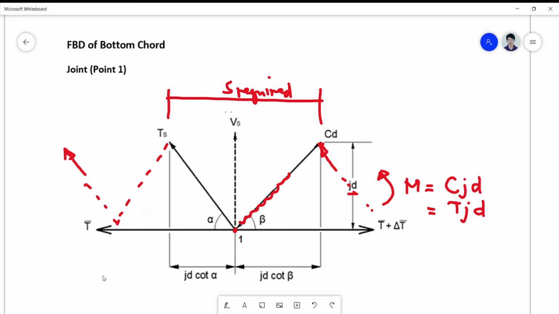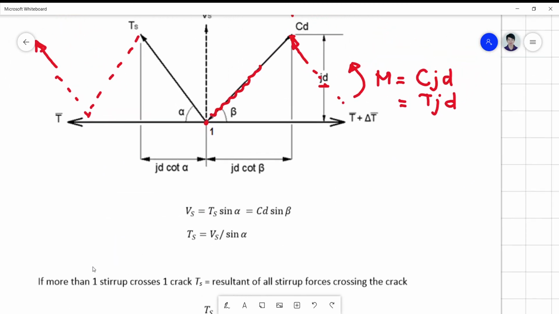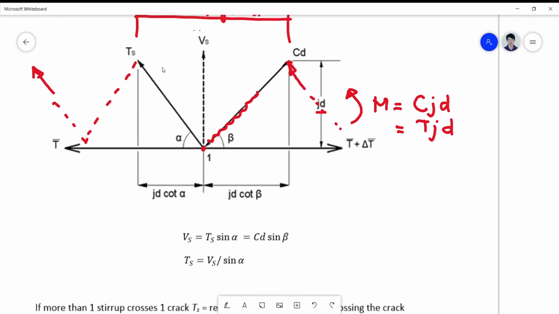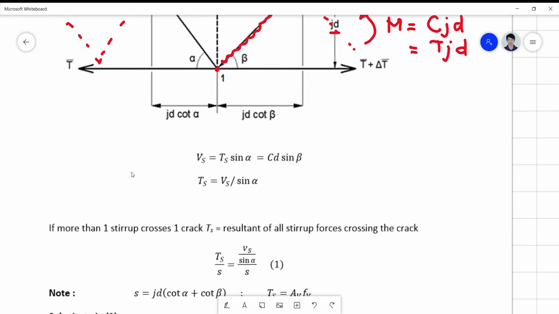So if we take a look at this free body diagram, we can now derive your Vs, which is simply Ts sine of alpha, or C sine of beta. So if we want to solve Ts in terms of Vs, we can say that Ts now is equal to Vs over sine alpha.